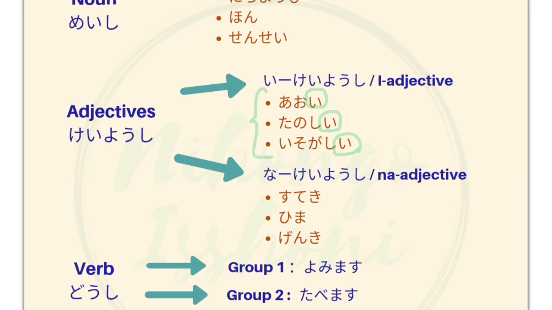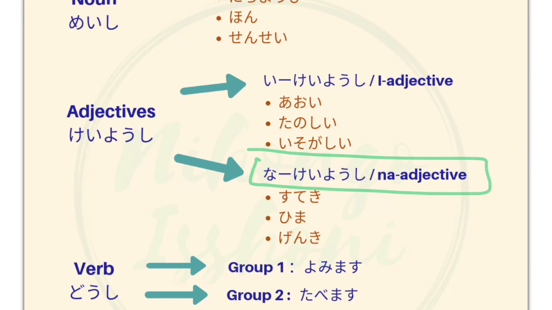The next, na-adjectives, are suteki, which means nice, hima means free, and genki means healthy. In Japanese we usually ask, o-genki desu ka, which means are you fine or are you healthy.